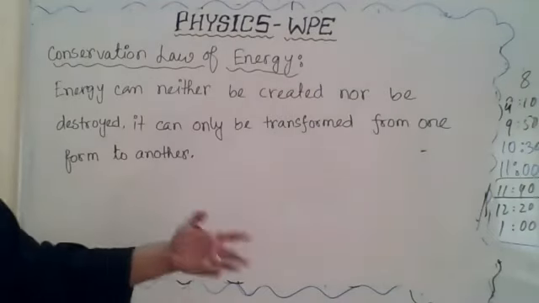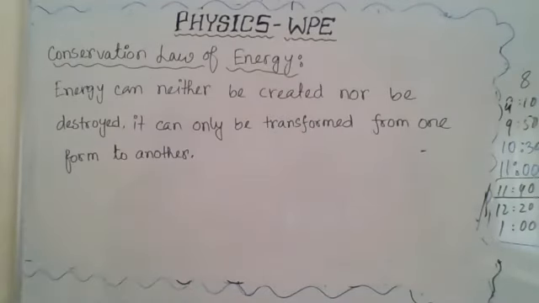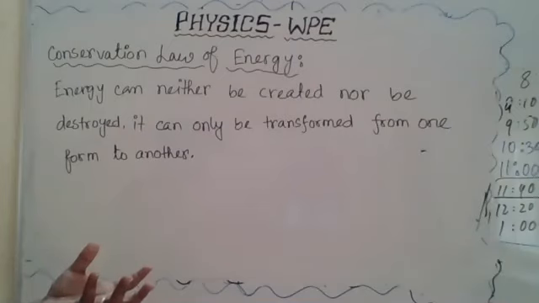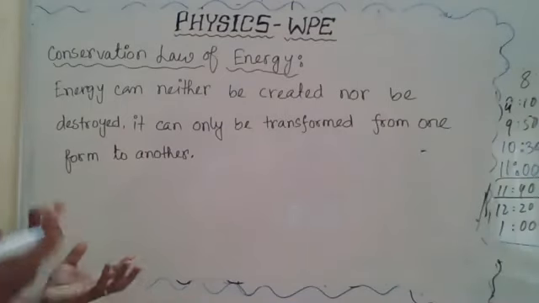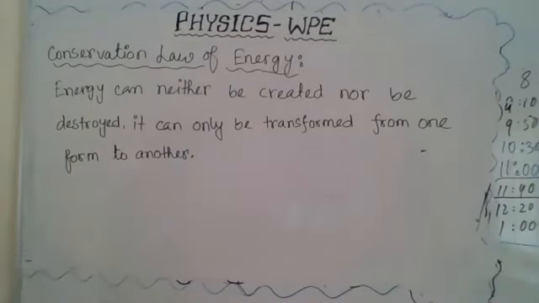No, it has been passed on to the spring as potential energy. See the change of form. It was in kinetic energy form first, now it is in potential energy form. But the amount is equal, right? The kinetic energy lost by the body is equal to the potential energy gained. It is the same amount of energy, just in a different form. This is what the law says: energy can neither be created nor be destroyed, it can only be transformed from one form to another.